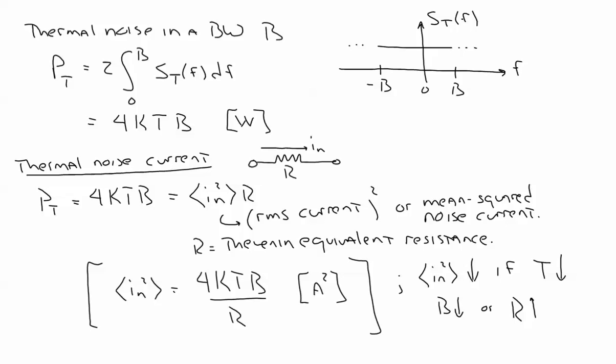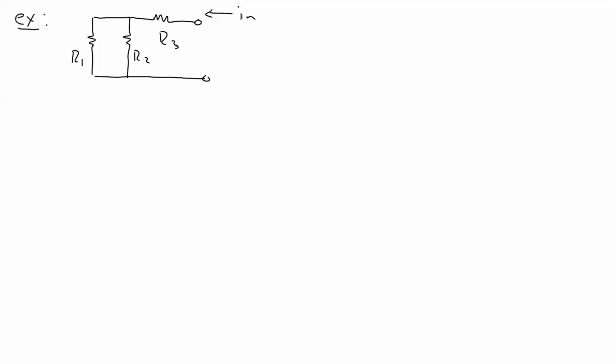All right, so let's do a quick example here to get an idea of what thermal noise might look like. Let's just say I've got a real simple circuit here: R3, R2, R1, and I'm going to look into this terminal here, and I'd like to have an understanding of what my noise current looks like.